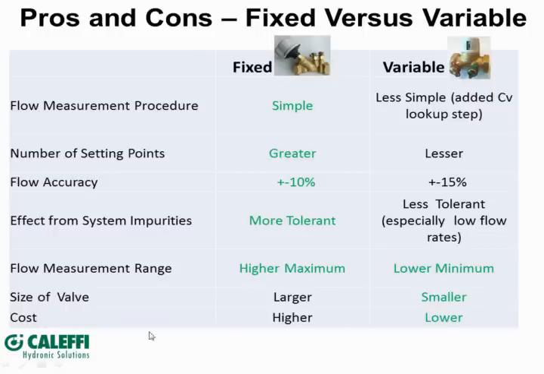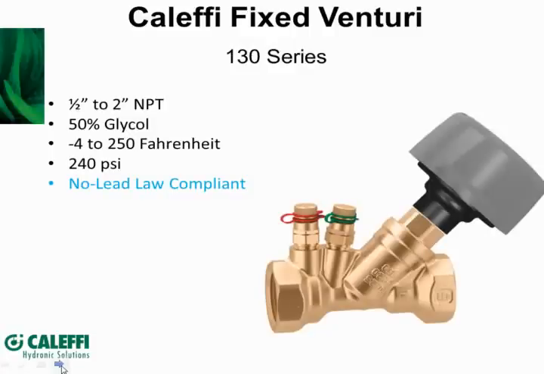The size of the valve is larger on fixed, smaller on variable, and as such, the fixed is typically higher priced than the variable. In Caleffi's case, this might be a 20 to 25% premium for fixed over variable, depending on size. And all manufacturers will have more or less a similar comparison between their fixed and variable designs.